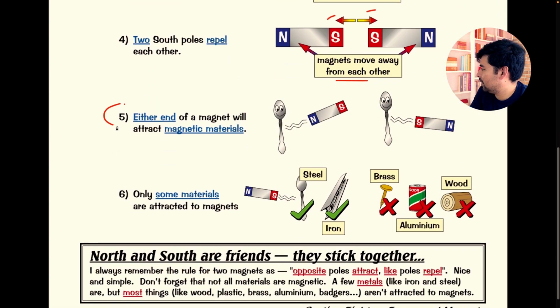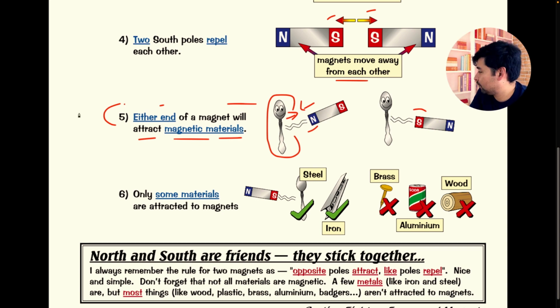Five: either end of a magnet will attract magnetic materials. So whether it's the north end or the south end, only one side of course, if you put it near magnetic materials made of iron, for example, or a spoon, they will be attracted, brought closer.